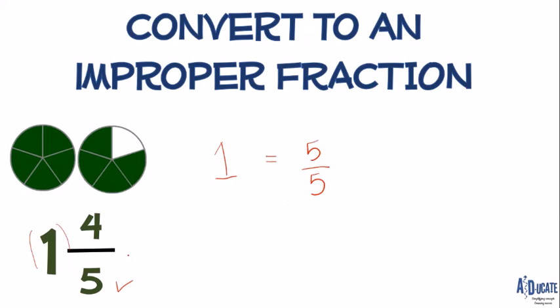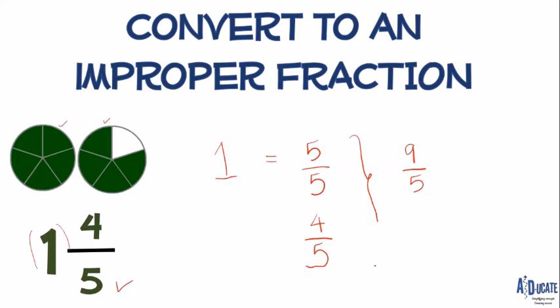Exactly. And 4 over 5 remains 4 over 5. And then we need to just put them together. If we have 5 over 5 and an additional 4 over 5, in all we have 9 over 5.